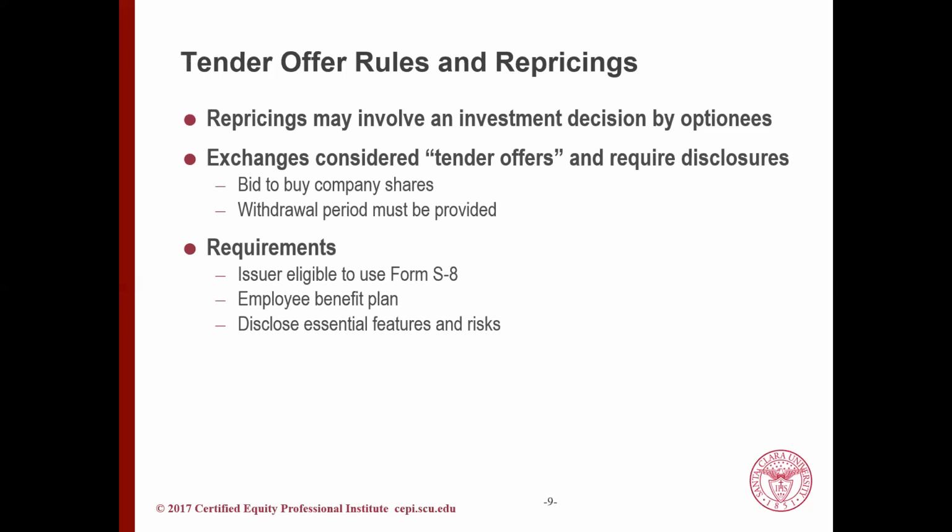Normally, the tender offer rules require that the same rights be offered to all shareholders. However, offers made for compensatory purposes are exempt from the rules' non-discrimination requirements if the requirements listed on the slides are met.